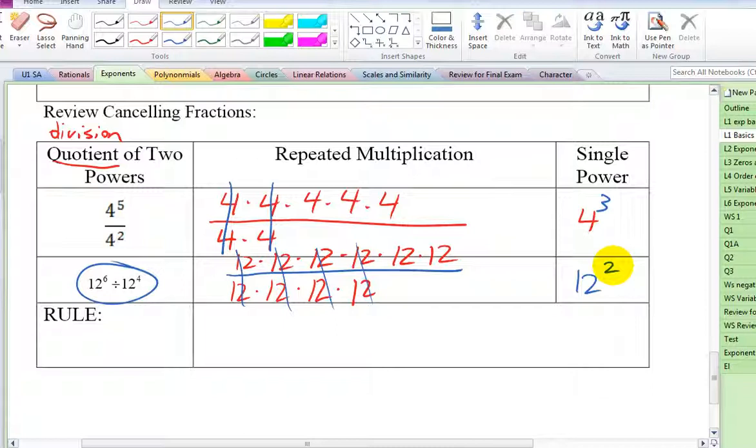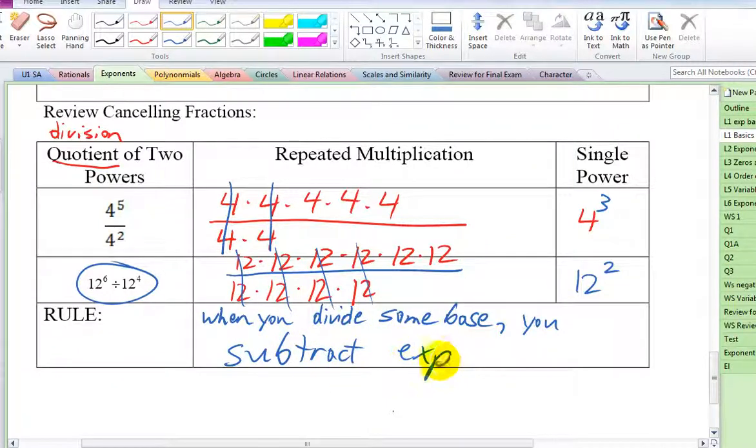Good. So up top it says when you multiply. So here it says when you divide, same base, comma, you subtract the exponents.